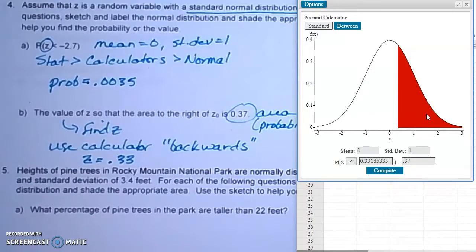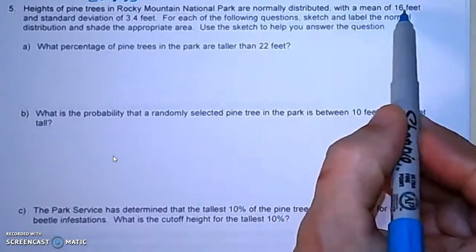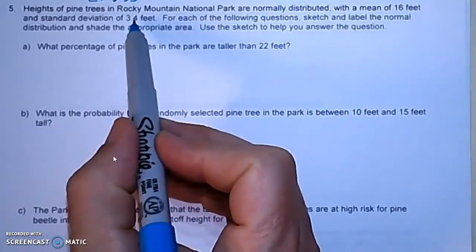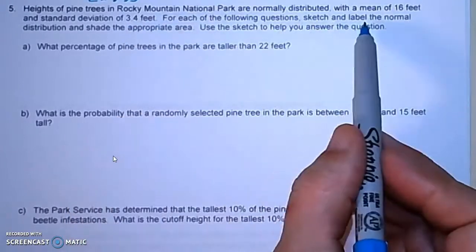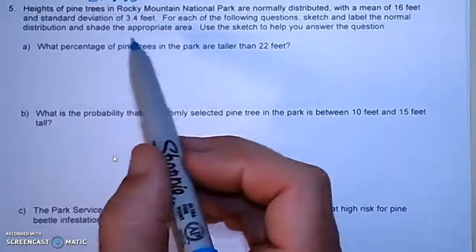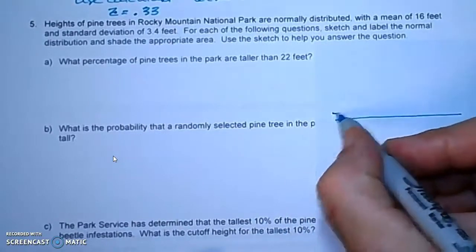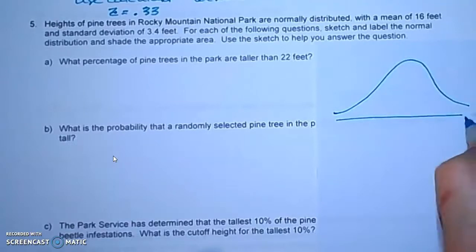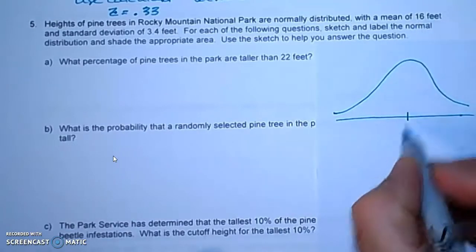For this problem, we've got a normal distribution with a mean of 16 and a standard deviation of 3.4. This is asking us to sketch and label the normal distribution. To do our sketch, we're just going to draw in a bell-shaped curve, and the idea of this is that the mean is going to go in the middle.